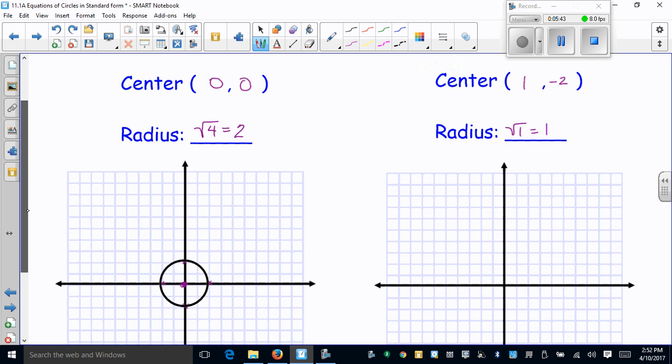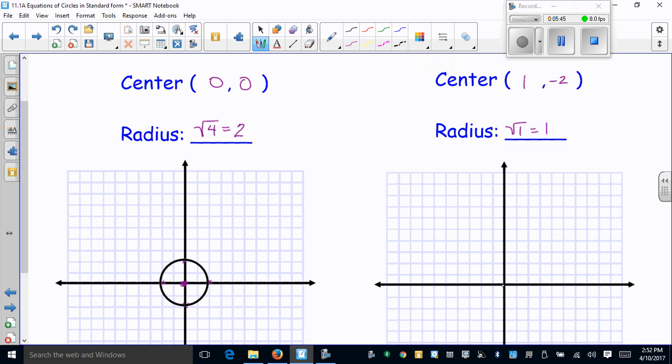And then radius of 1. So to the right 1, to the left 1, up 1, down 1. You draw your little circle. And from the center, there's my circle. As you can see, a very little circle.